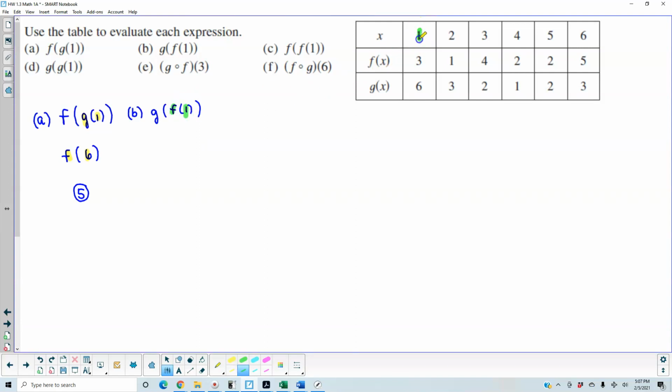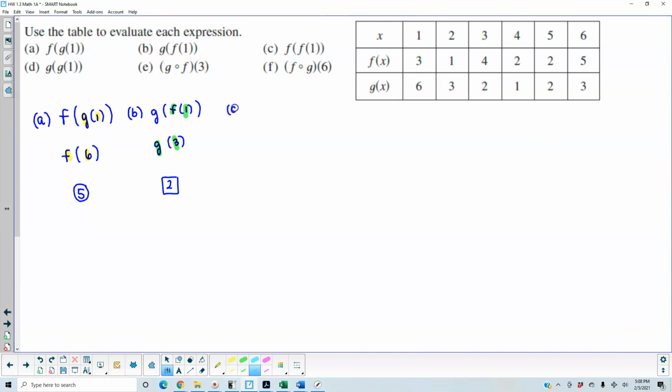So 1 is the input and the output of f of x is 3. So therefore this becomes g of 3. Now we need to find where the input is 3 and what the output is on g. Well, the output on g is 2. So the answer here is 2.